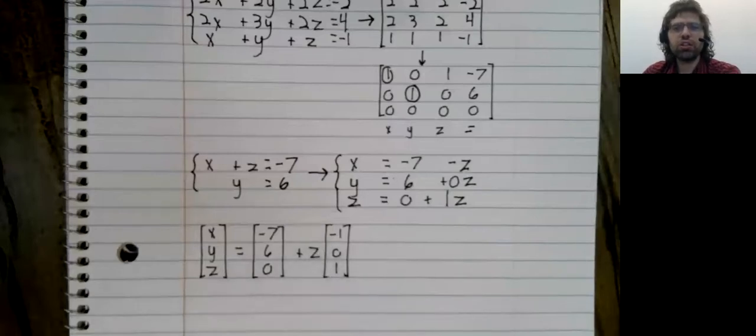Only in the non-homogeneous case do we have a vector by itself, not multiplied by anything. Our solution is in two parts.